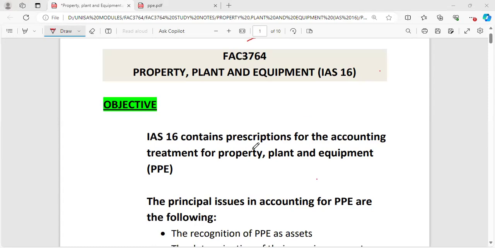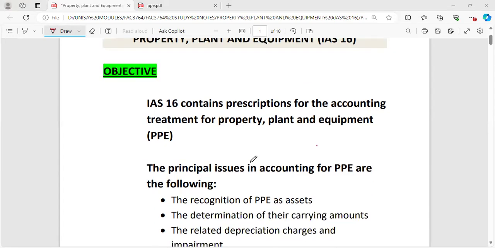So in property, plant, and equipment, the main principal issue is to look at the recognition of the PPE, the determination of the carrying amount, and also be able to charge depreciation to the assets.